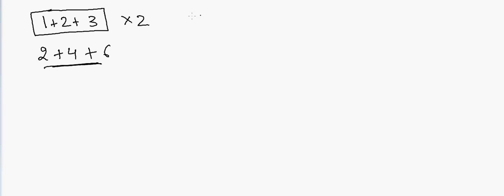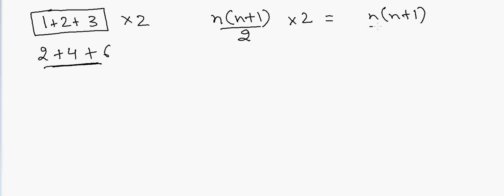We know that the formula for the series is n into n plus 1 divided by 2, and if we multiply this by 2, then we get n into n plus 1. So that is how we get the formula for adding the even series. So this is how we got the formula.